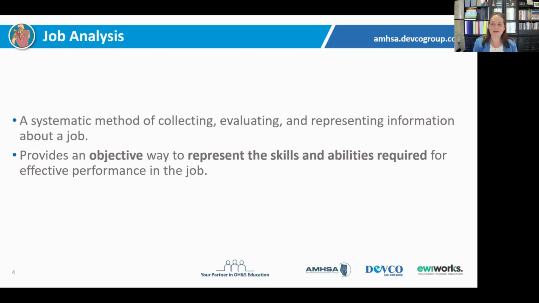So a job analysis is essentially a systematic method of collecting, evaluating, and documenting information about a job. These are done objectively to represent the skills and abilities that are required to complete the job. I try to make this process as objective as possible, because these job demand assessments are used in so many different ways.